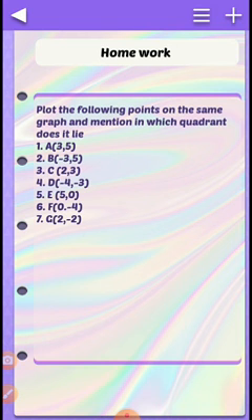Suppose it is 1, 2. Both are positive, so it will be in the first quadrant. Similarly, you have to check. If any point is on the x-axis, you should write it is on the x-axis. If it is on the y-axis, you have to write it is on the y-axis. In that case, it won't be in a quadrant.